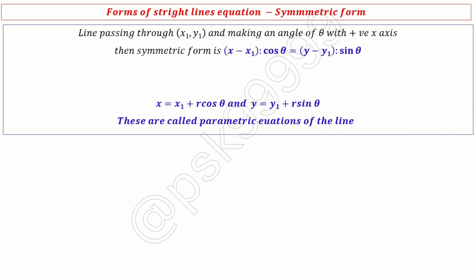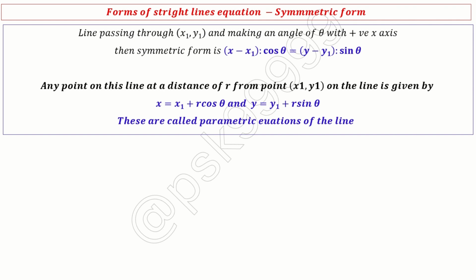If this question comes, this symmetric form is useful and we derive two parametric equations, which give us the new coordinates at r distance from (x1, y1). Any point on this line at a distance r from the point (x1, y1) is given by x equal to, or you can call it (a, b), then a equal to x1 plus r cos theta and y equal to y1 plus r sin theta.